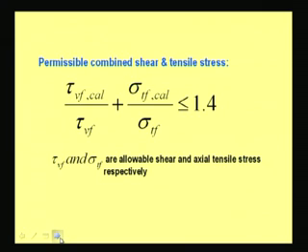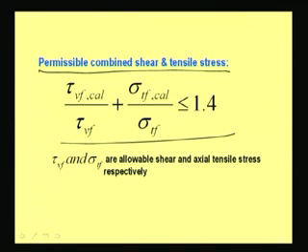Now, another thing is the permissible combined shear and tensile stress. If shear stress and tensile stress develop in the rivet, then we have to check whether it is exceeding the shear stress and the tensile stress, and jointly with this formula: tau Vf cal by tau Vf plus sigma Tf cal by sigma Tf should be less than or equal to 1.4.